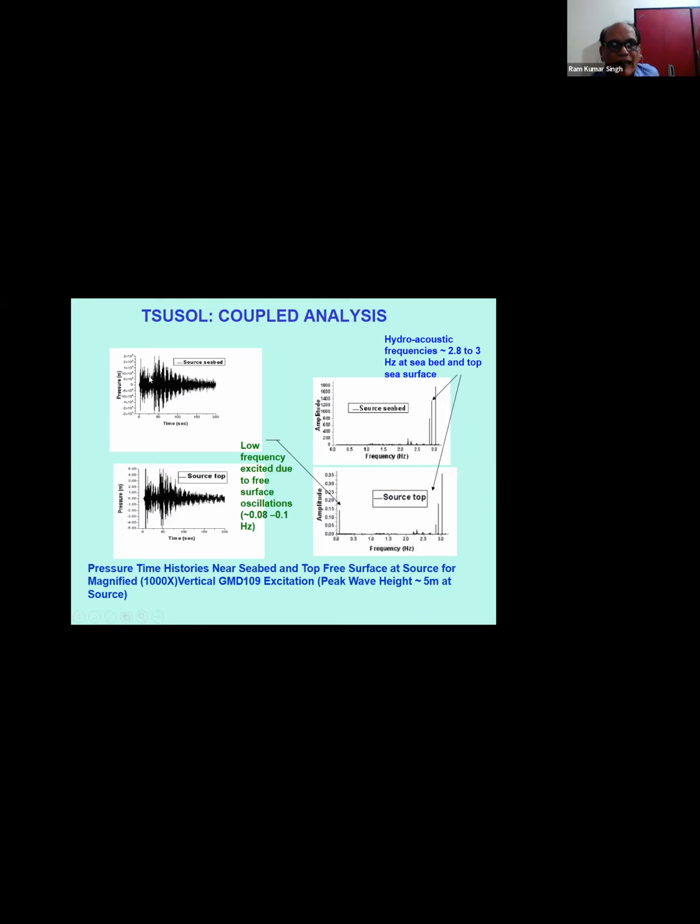If you see here at the source location, basically we have this amplitude hydroacoustic frequency, which is about 2.8 to 3 hertz, which retains its characteristics at the surface top also. But apart from that, because of the bottom surface displacement, a long wave is also created in the range of 0.08 to 0.1 hertz, and that travels on the surface, that causes most of the damage.